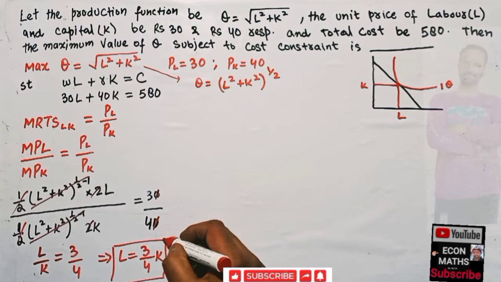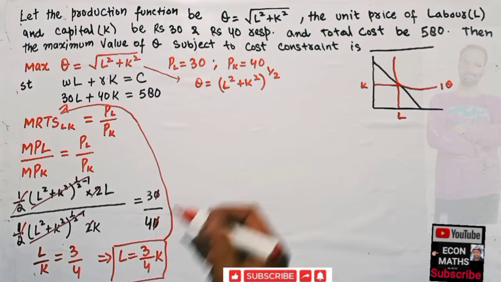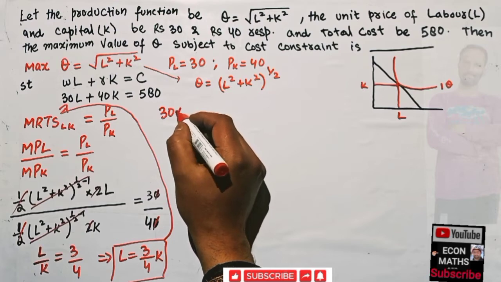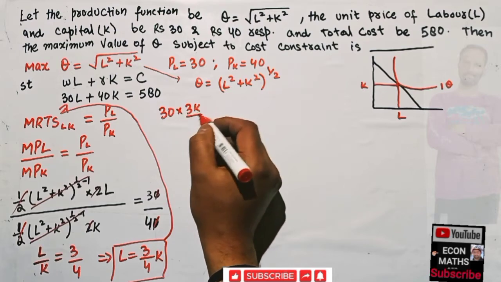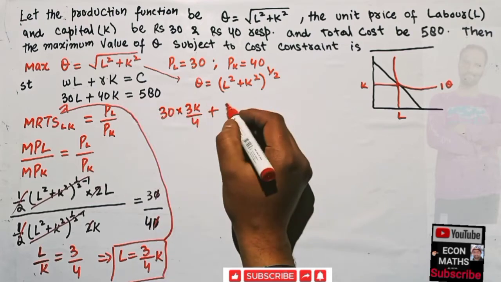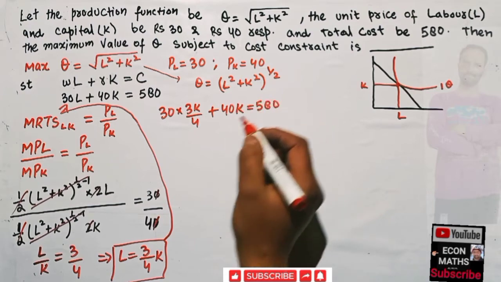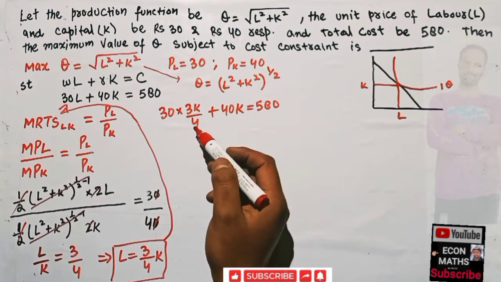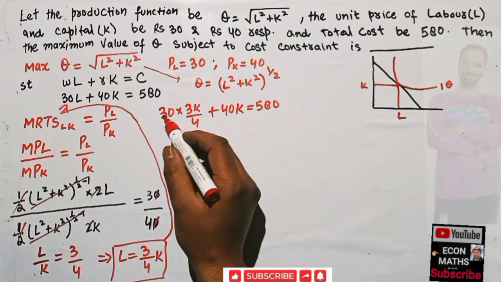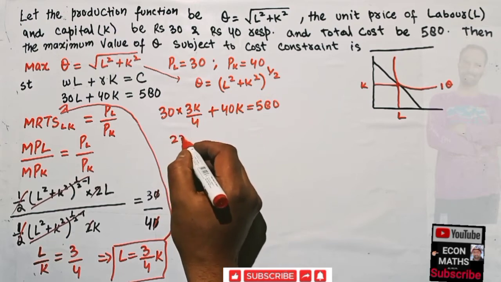Now just plug this value of L in the cost constraint. I can write 30 times 3K upon 4, plus 40K, should be equal to 580. 30 into 3 is 90, and 90 upon 4 comes out to be 22.5.